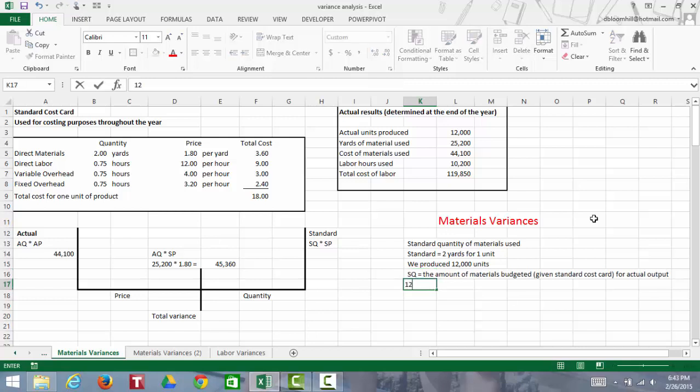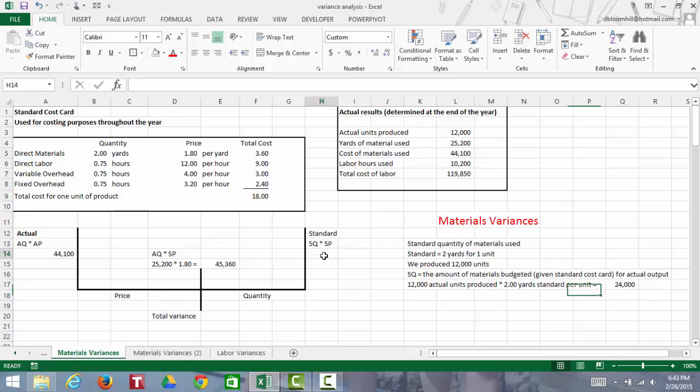So in this case, it would be 12,000 actual units produced multiplied by the 2 yards standard per unit. So if we take the 12,000 actual units produced and multiply it by the 2 yard standard per unit, we get a standard quantity of 24,000 yards.